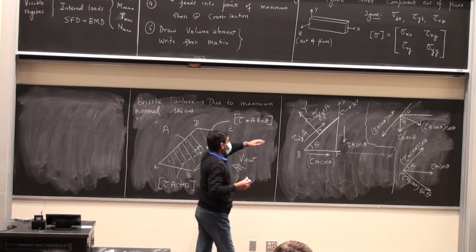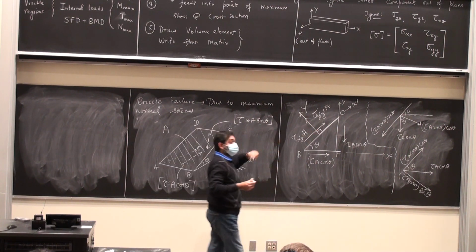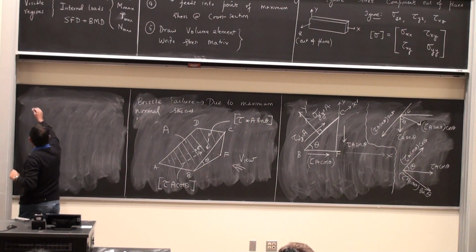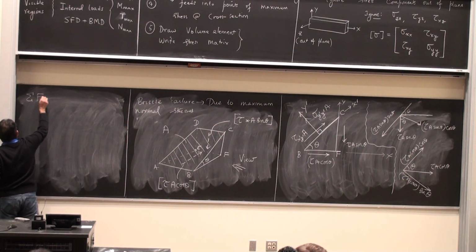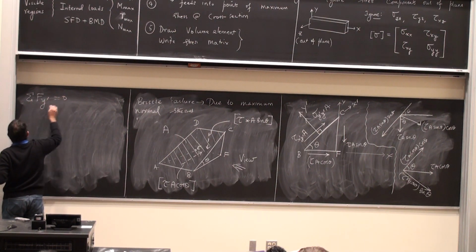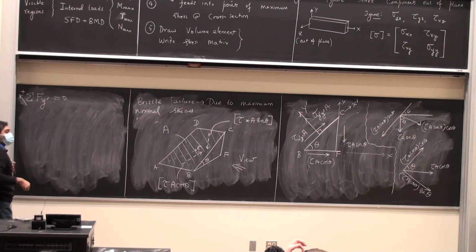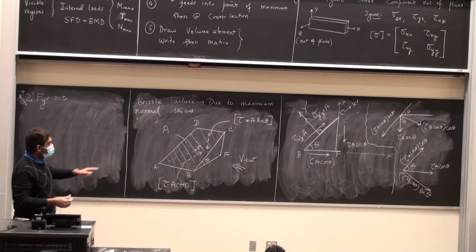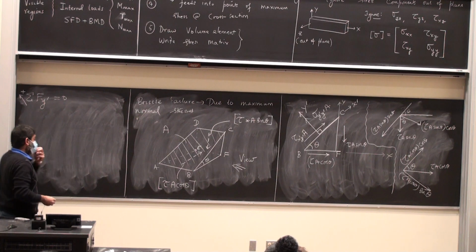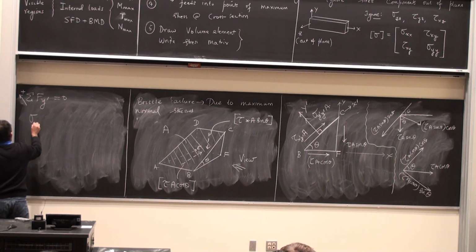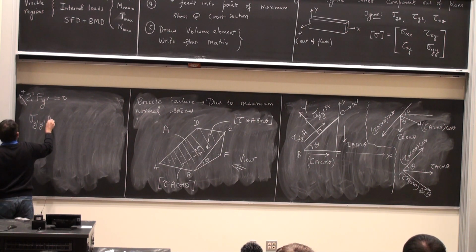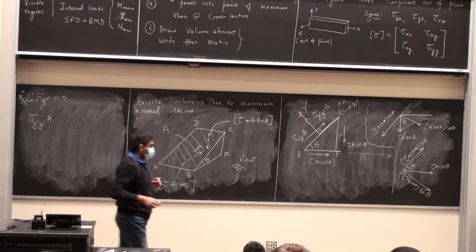I'm going to sum forces up in the x prime and the y prime direction. Let's start with the y prime direction. Sum of forces. This is your regular static stuff. Sigma y prime times A, positive. Taken care of that guy.